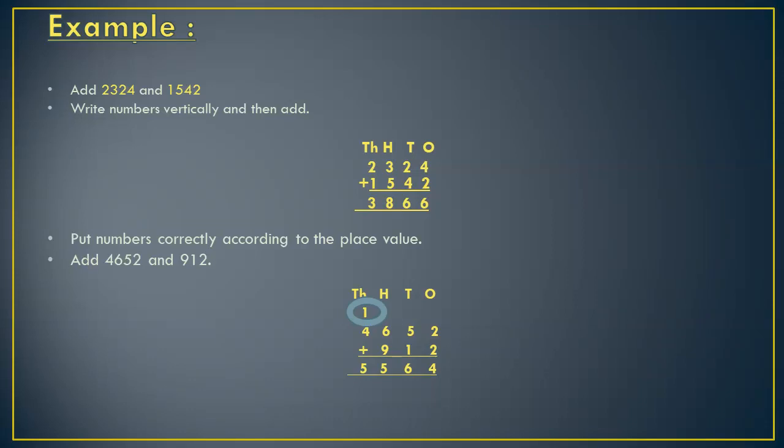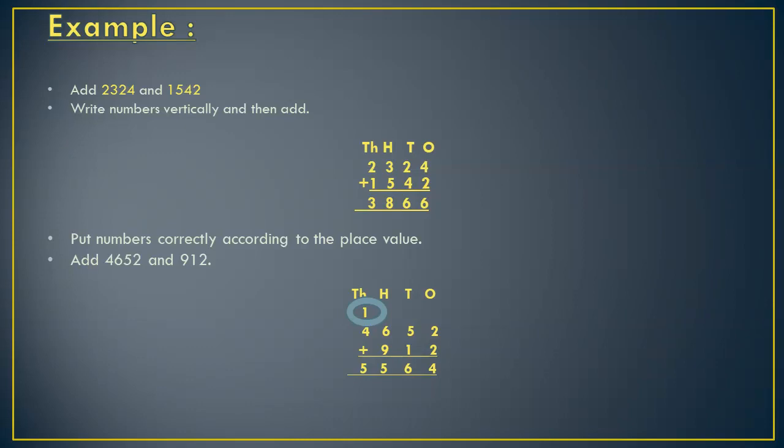Then move to next, hundreds place. 6 plus 9 is equal to 15. So 5 comes here and 1 is carried over. Then 1 plus 4 is equal to 5. So 5564 is our answer.